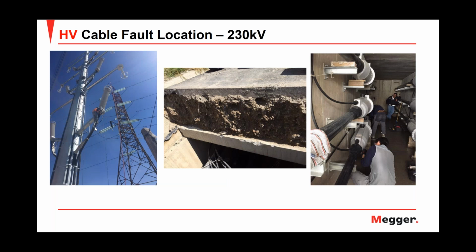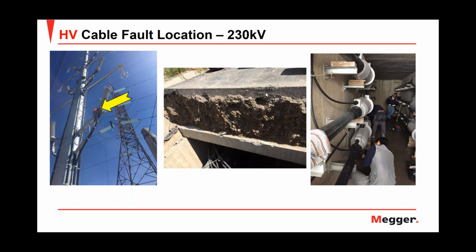If you see in this slide, in the picture on the left, you can see the connection point, that is the transition between the overhead line and the underground cable. And you can see here the lineman doing the connections between the thumper, the SFX 40, and the cable under test. In the picture in the middle, you can see the dip of the manholes.